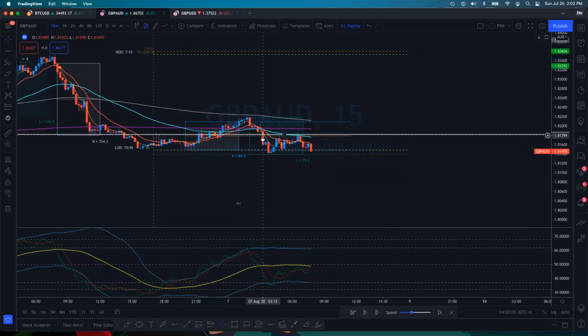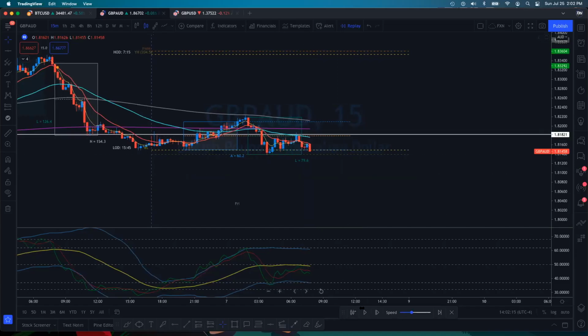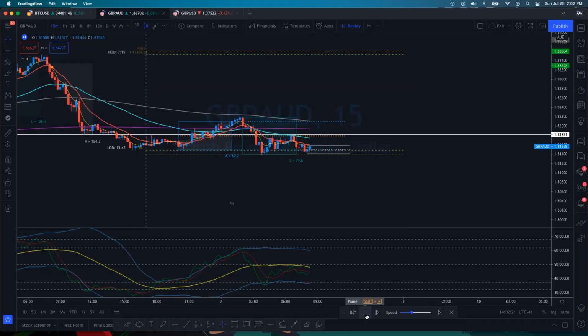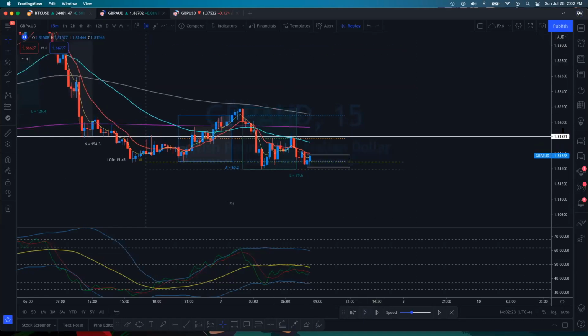Yeah, so you see what they did here was down, sideways, sideways, sideways, sideways. The 50 acted as resistance, pushed it back down. I see. So pay attention here.